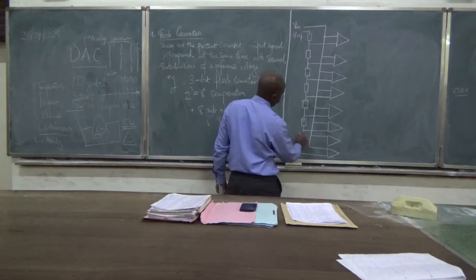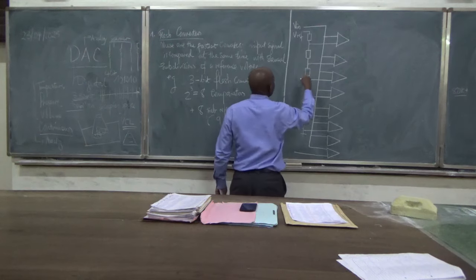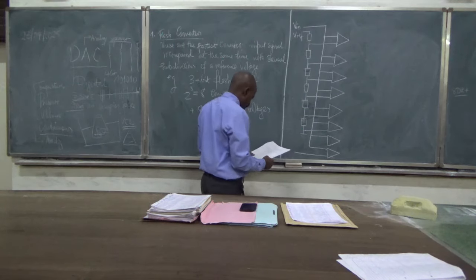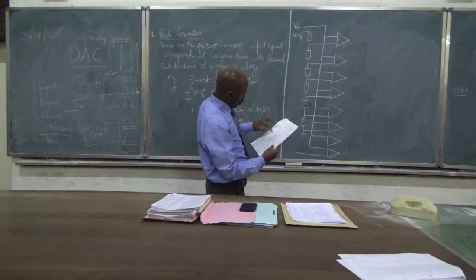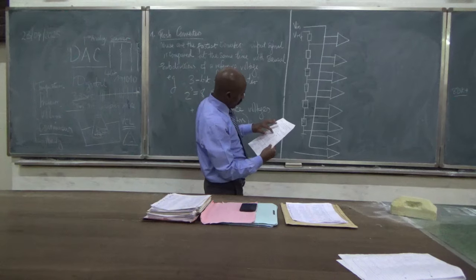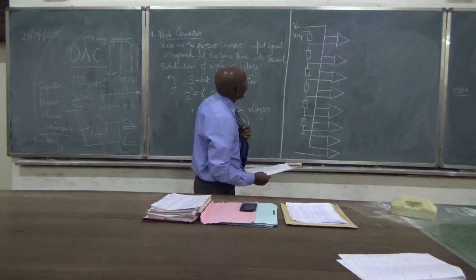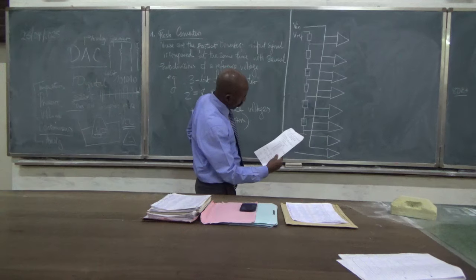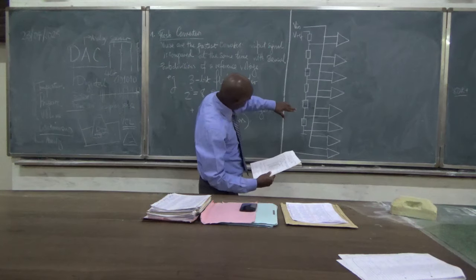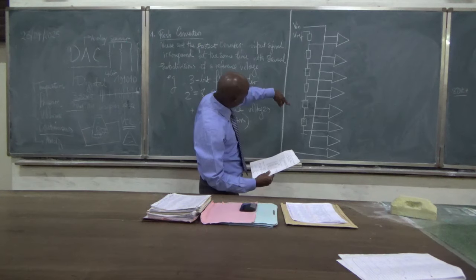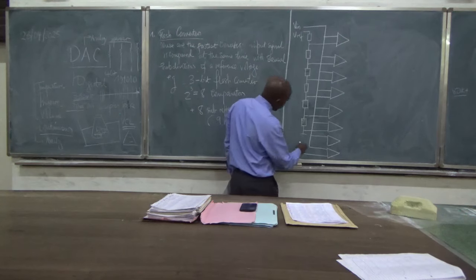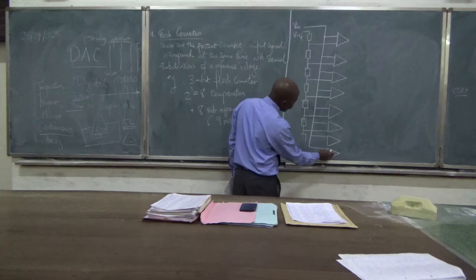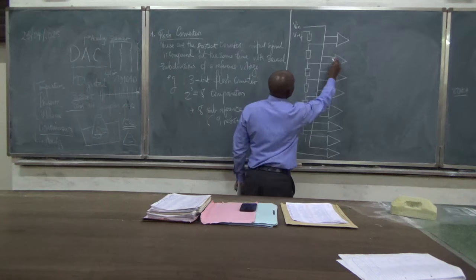How many are these? 1, 2, 3, 4, 5, 6. They are supposed to be 9. 1, 2, 3, 4, 5, 6, 7, 8, 9. Have I jumped any? 1, 2, 3, 4, 5, 6. This is 7. But these are 8.